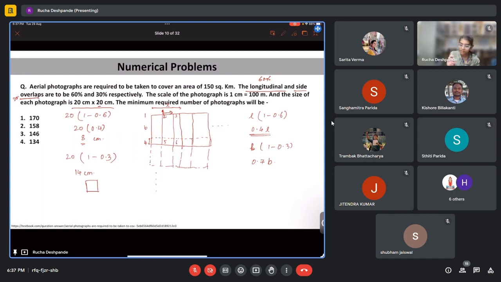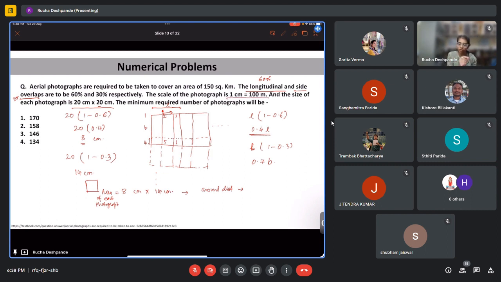Right? Now we will convert this to the ground distance of each photograph. So it is 8 centimeter into 14 centimeter is the area of each photograph. For conversion to ground distance, we have 1 centimeter is equal to 100 meters.